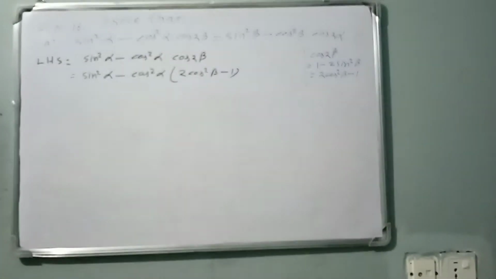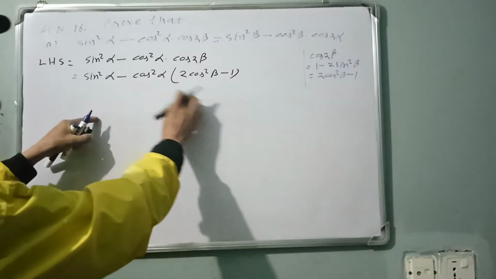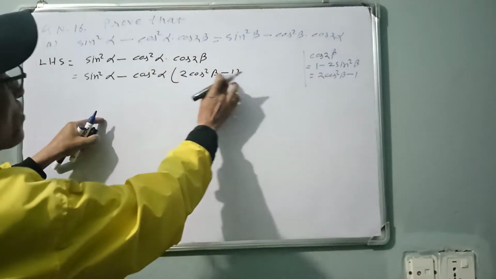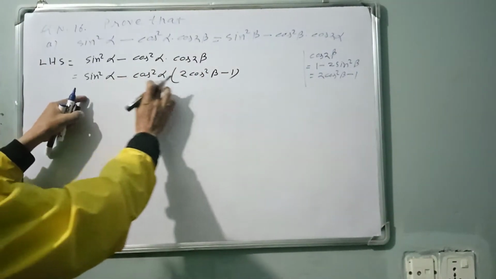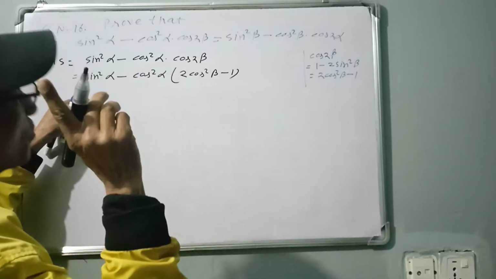Think why. If you remove the bracket, minus minus plus, sin square alpha plus cos square alpha, 1 comes.